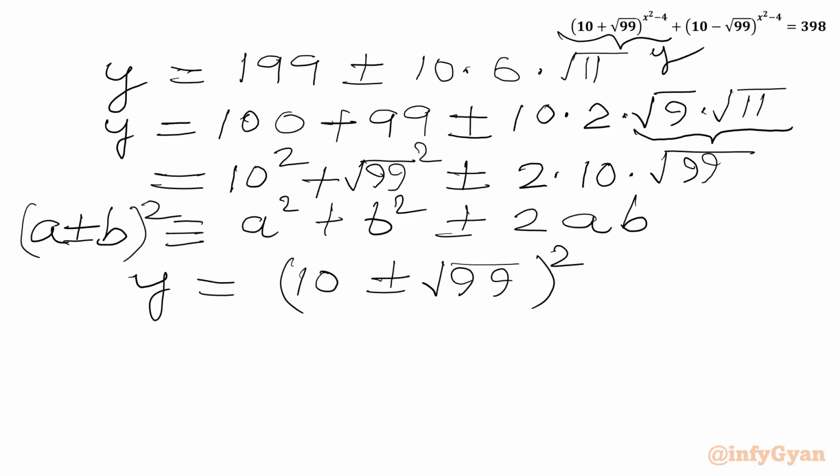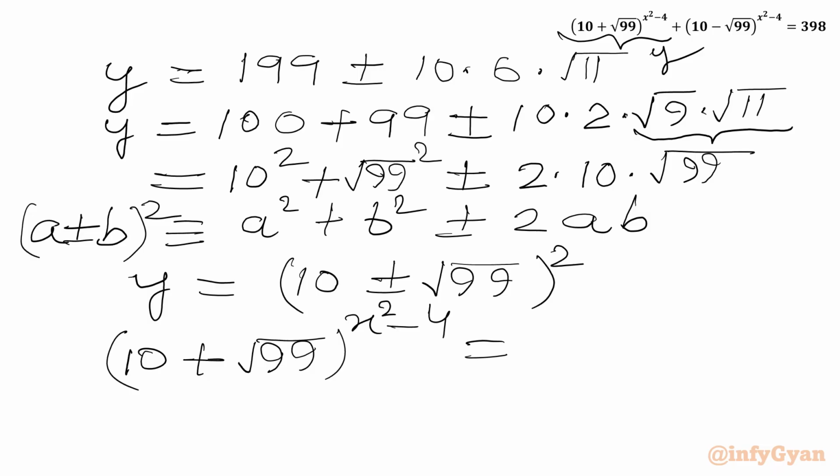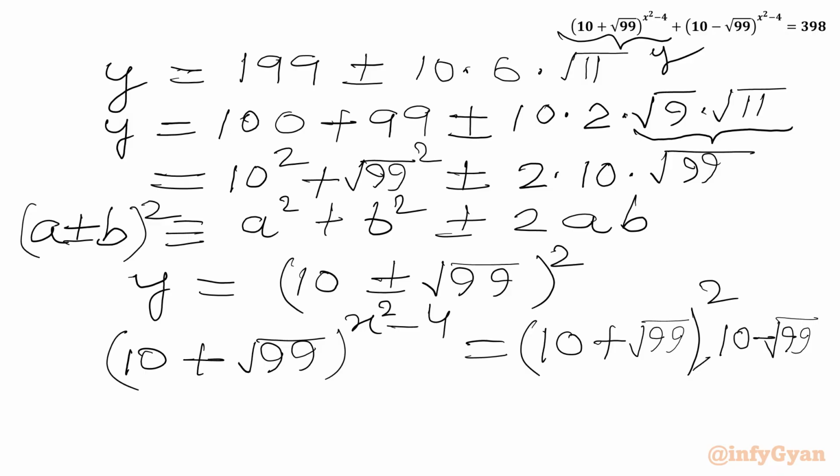So I can write here 10 plus root 99 and power is x square minus 4. This will be equal to, with plus sign, 10 plus root 99 whole square. With minus sign, we'll write 10 minus root 99 whole square.